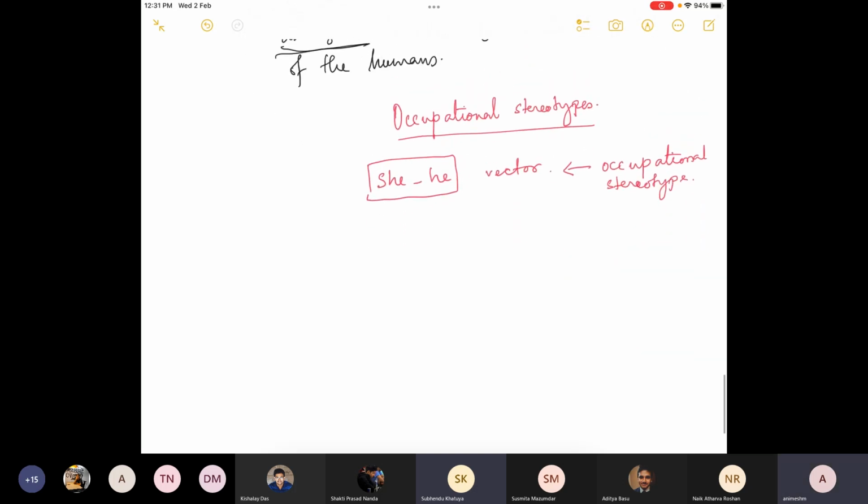Okay, but tell me one thing, why did they choose the she, he vector and not the woman, man vector? Why was this not used? As you can understand, this is a gender direction. The she, he axis is a gender axis. Similarly, woman is also a gender direction.